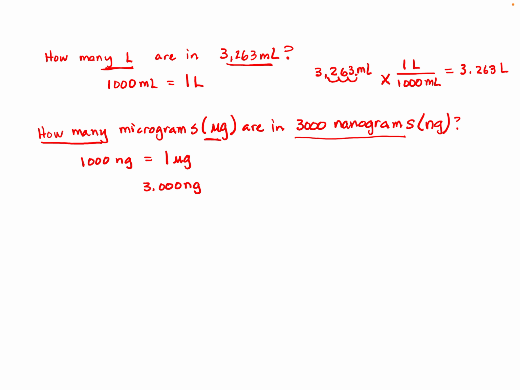What we want. So we want the micrograms, so we need to have those on top. So we can put the micrograms on the top, the nanograms on the bottom. So we're going to divide the 3,000 by the 1,000 and walk our decimal place back those 3 places. 3 micrograms.